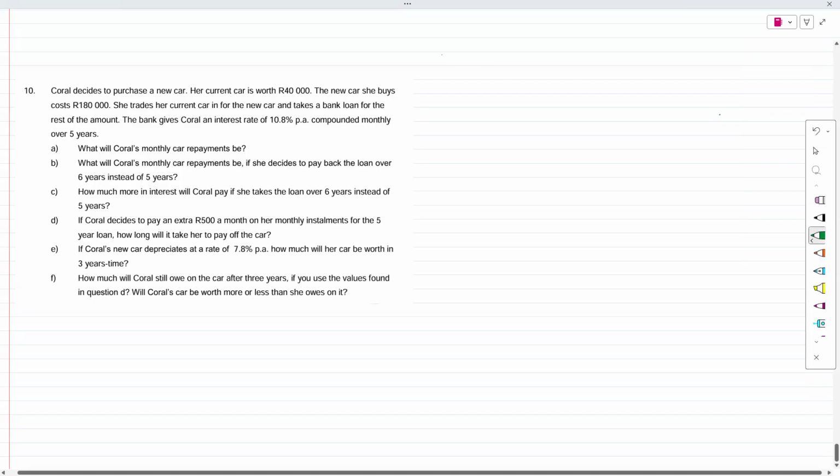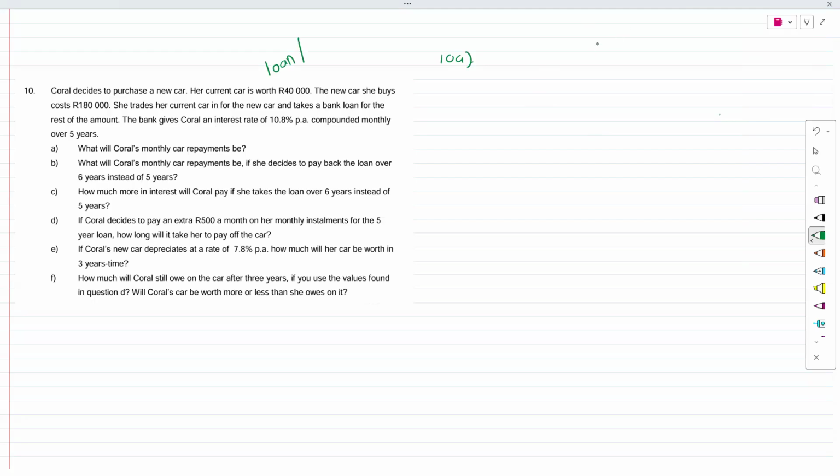Quite simply, what is Carl's monthly car repayment? Okay, the fact that it's a loan, the fact that she's paying monthly is definitely present value.